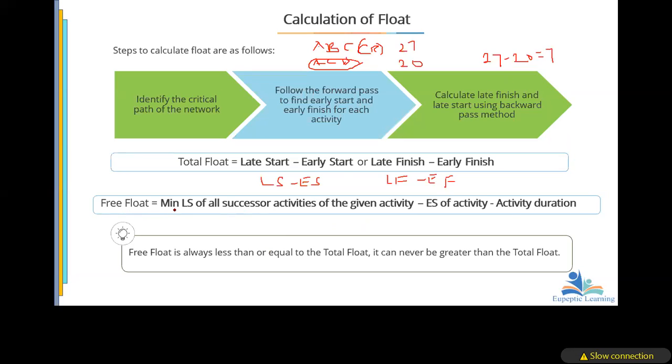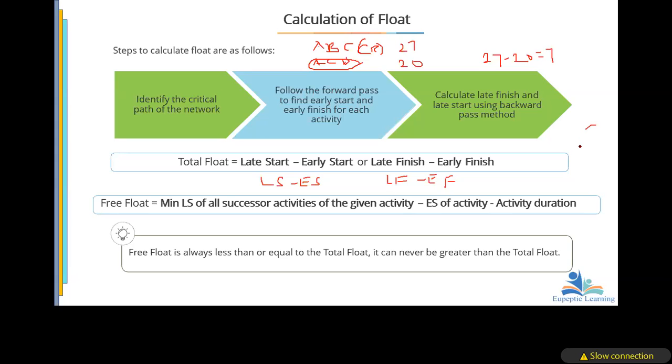Now, the minimum late start of all successor activities of the given activity. Remember, I said that an activity may be precedent to two activities.